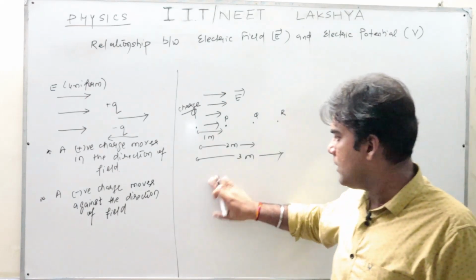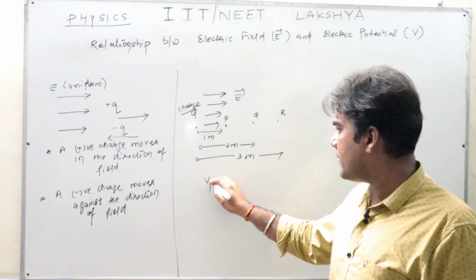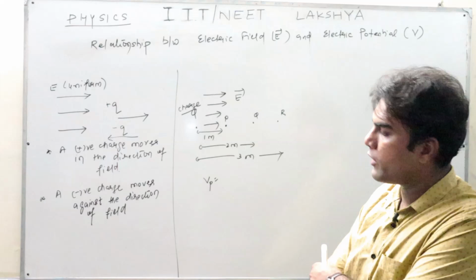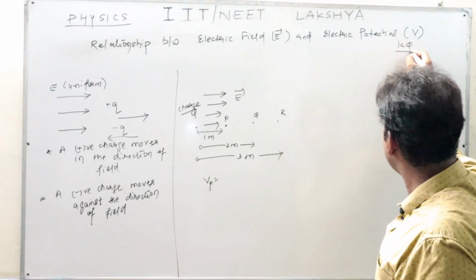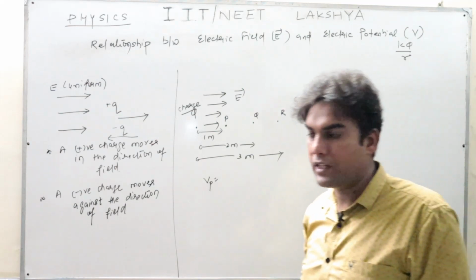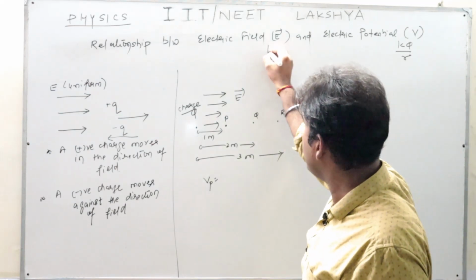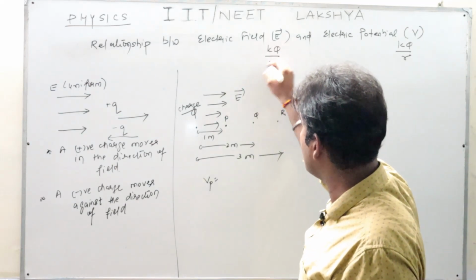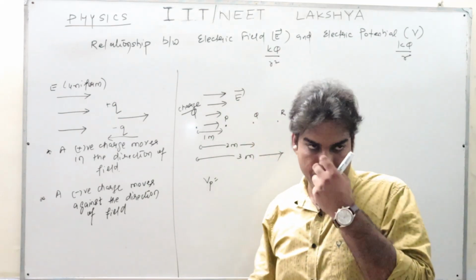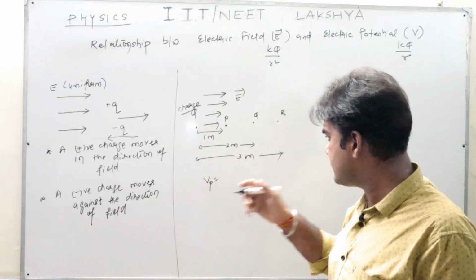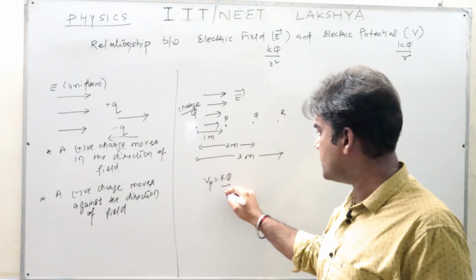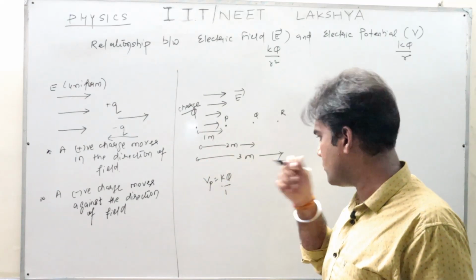Now what is the potential at point P? What is the formula of the potential? KQ by R. This is the formula of potential. And what is the formula of electric field? KQ by R square, and it is a vector quantity. The formula of potential is KQ by R. So what is the potential at point P? KQ by 1.